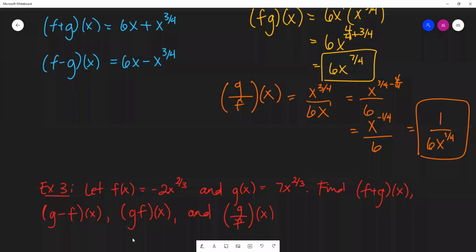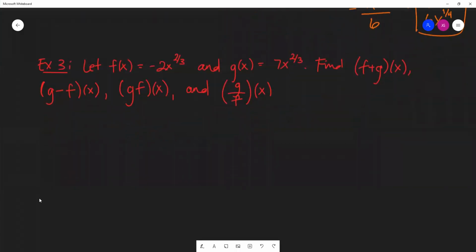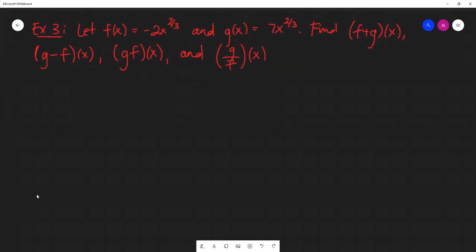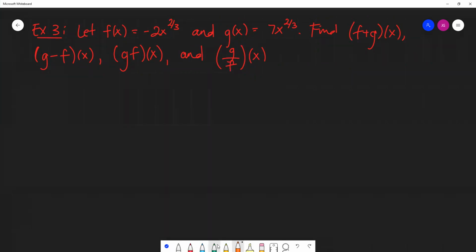All right, and we'll do one last one, okay? Let f of x be negative 2x to the 2/3 and g of x equal 7x to the 2/3. Find f plus g of x, g minus f of x, g times f of x, and g over f of x, okay? So always pay attention to those directions. Maybe they'll change it up on us sometimes, and they did here. So f plus g of x.